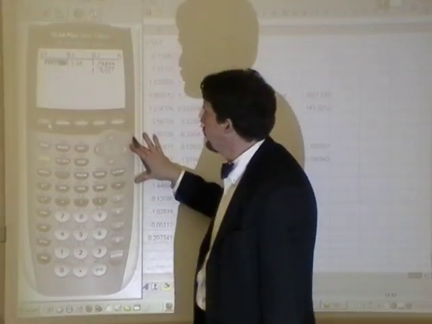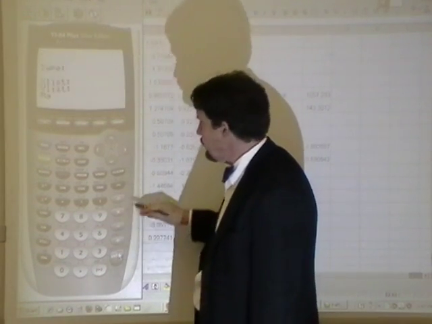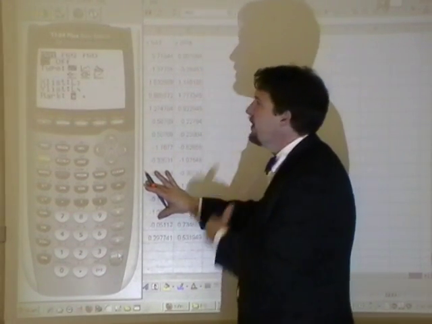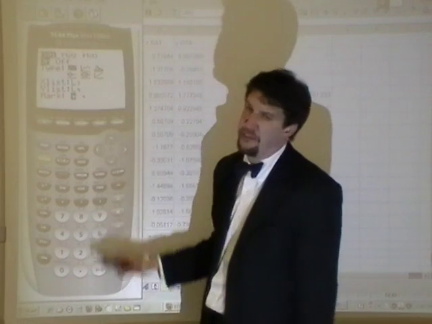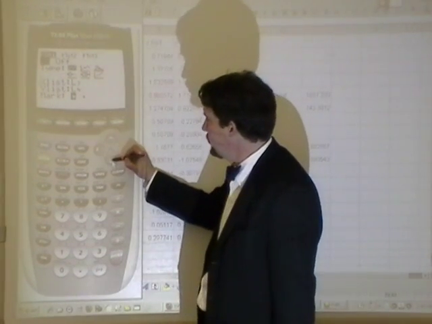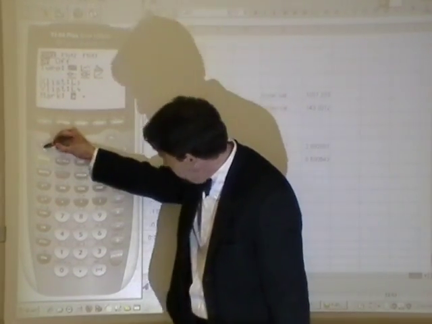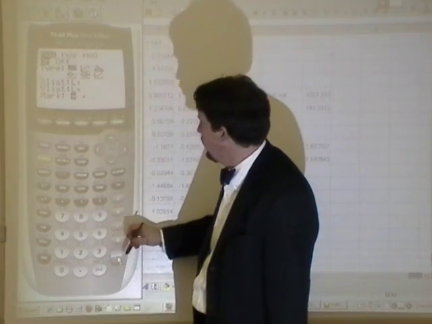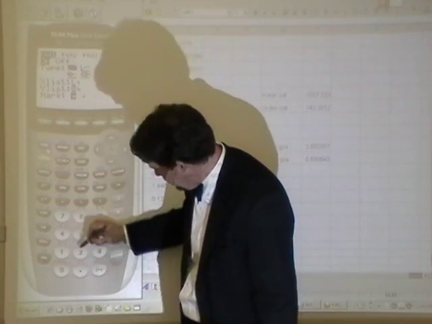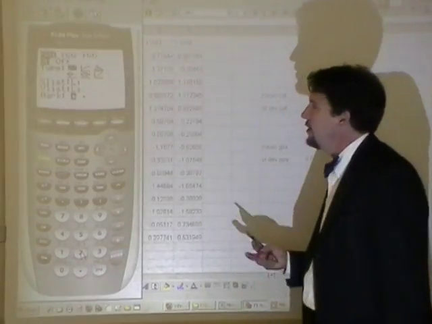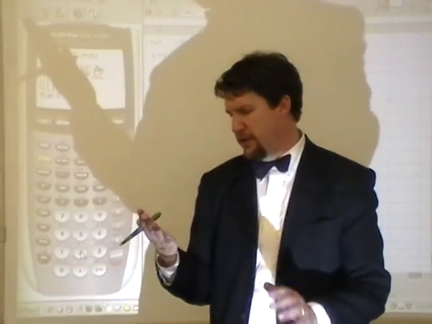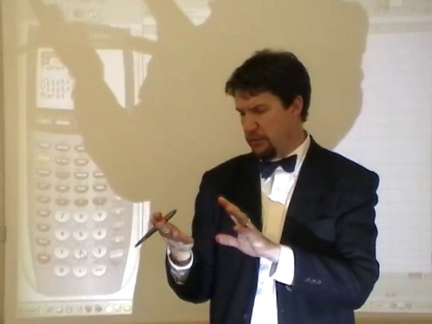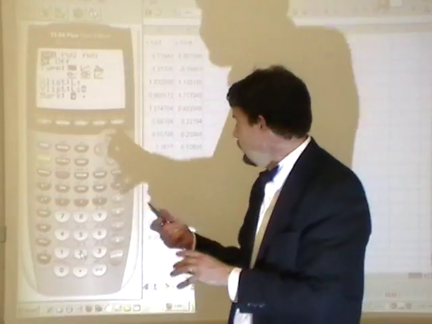So what we're going to do is plot that. I'm going to make a scatter plot with L1 and L2. So I'll come down: here is L1 for my x-axis, here is L2 for my y-axis, because I want my data to reasonably make sense.